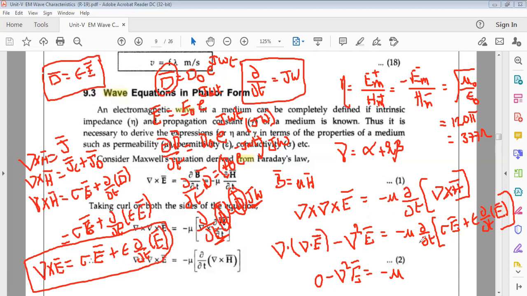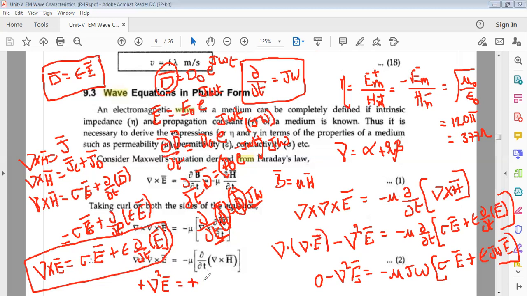Now wherever ∂/∂t is there, replace it with jω: jω into σĒ plus ε into jω Ē. So on the left hand side we have minus del square Ē, and on the right hand side there is a minus too, so both sides have a minus.